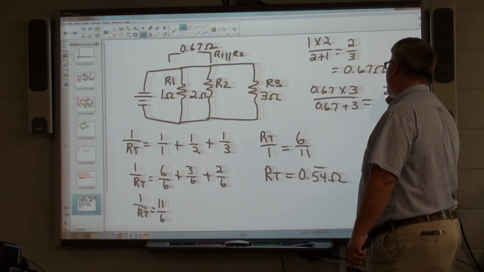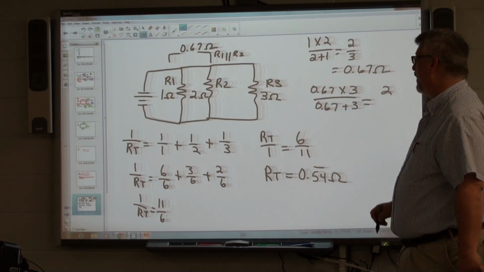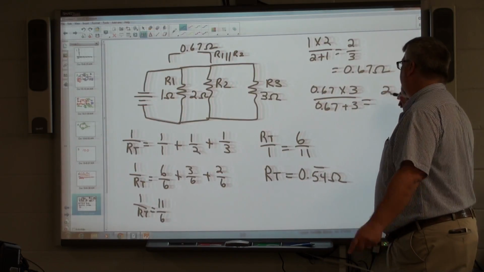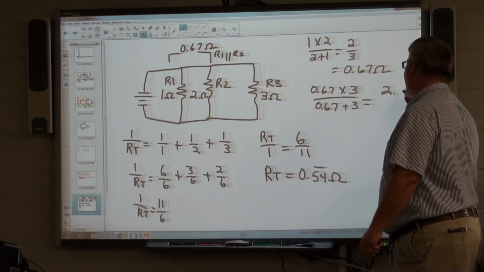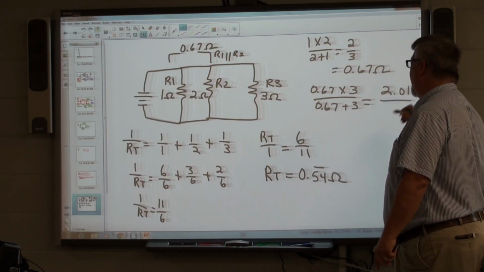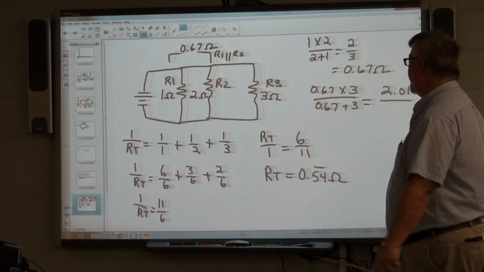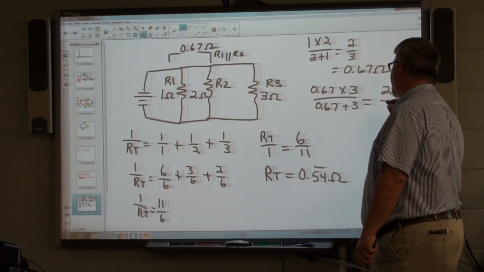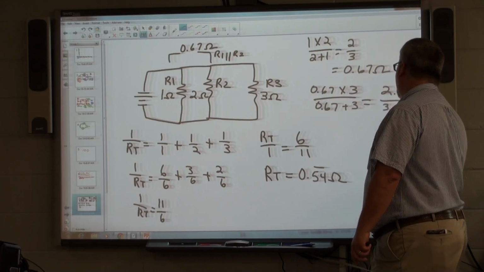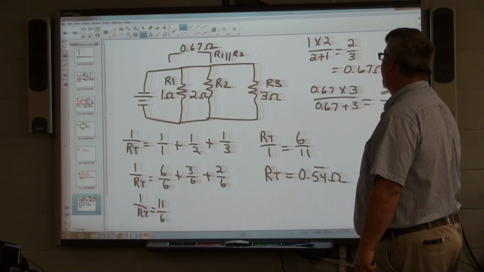Yeah, it's going to be 2 basically if we carry that decimal place on out. But if we go 2.01, we'll go ahead and write it, because what we're doing is rounding. We're going to have a little bit of a rounding factor here. And what is 3 plus 0.67? 3.67. All right, so let's do the math there.